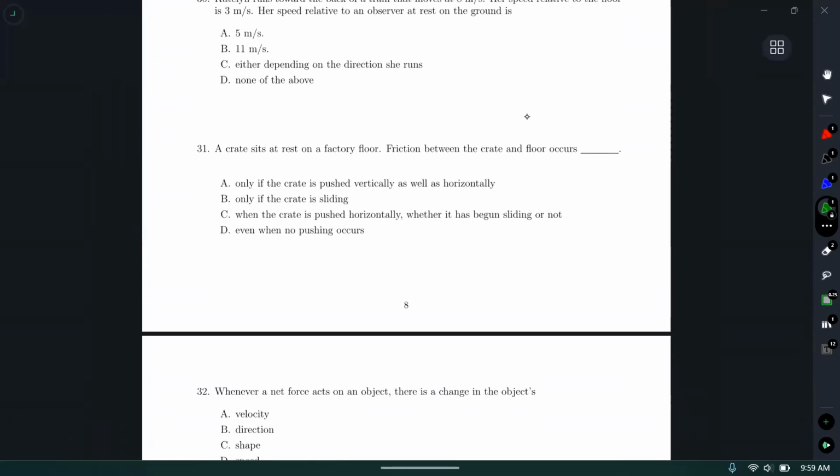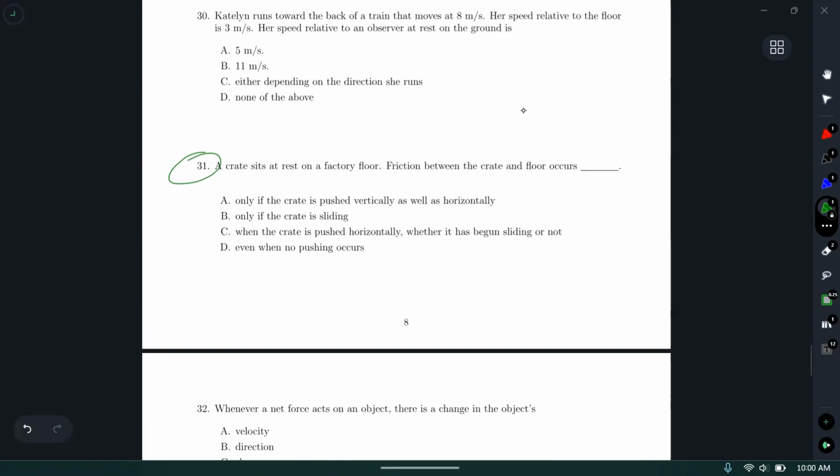A crate sits on a floor. Friction between the crate and the floor occurs when what happens? Only if the crate is sliding.